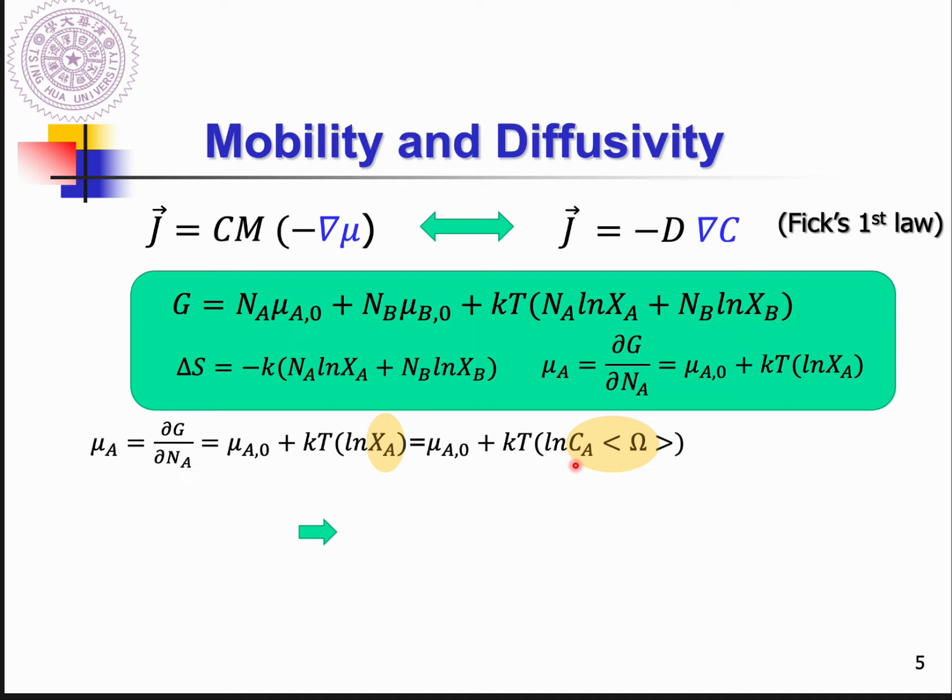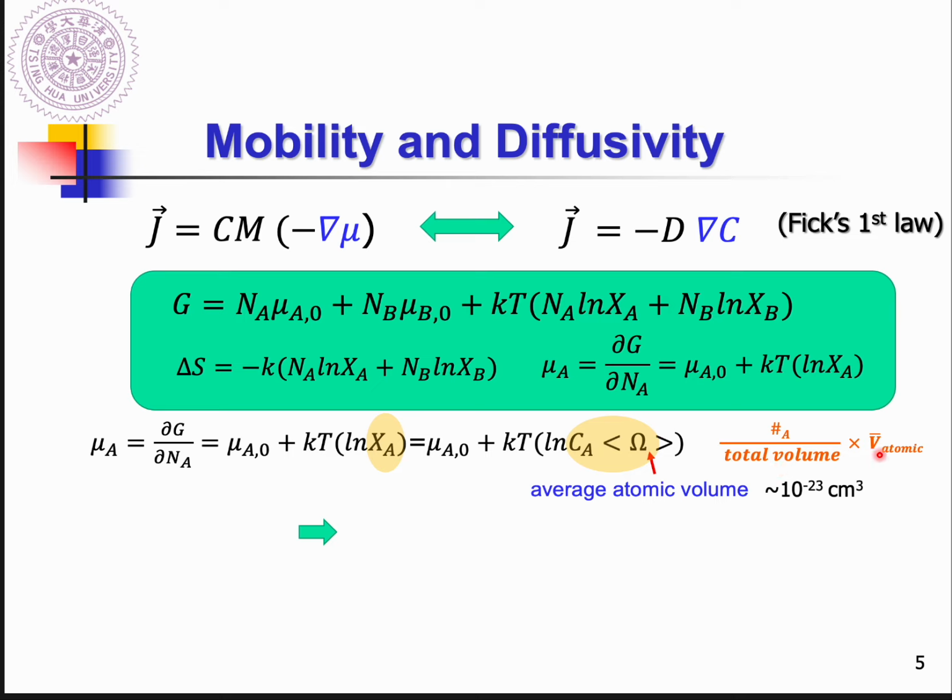So this is the idea. Okay, some people probably wonder whether the atomic fraction XA can equal CA, the concentration of atom A, times the average atomic volume. Really? So let's check the unit here. The average atomic volume will be around this range. And the unit for concentration of atom A will be the number of atom A per unit volume, right?